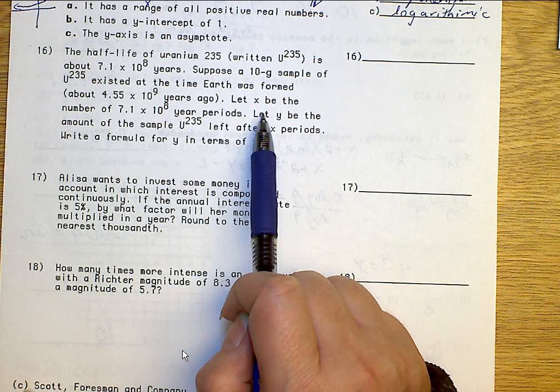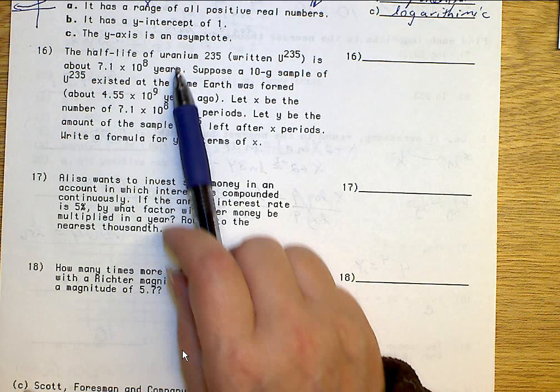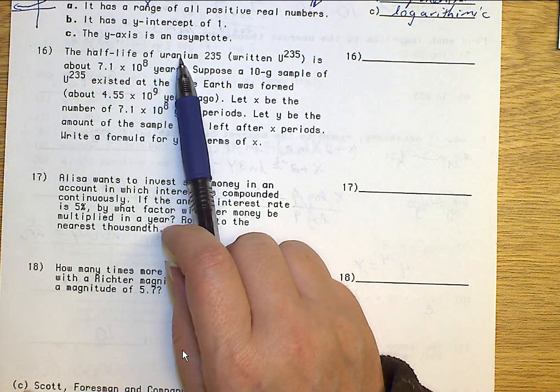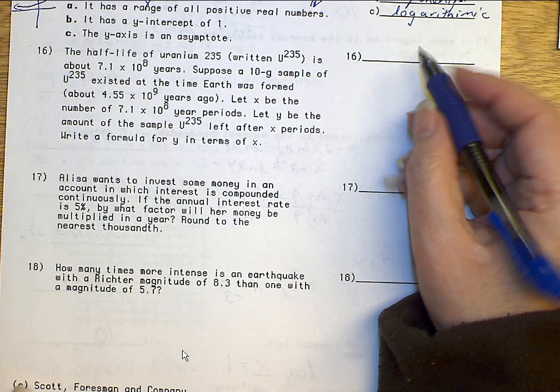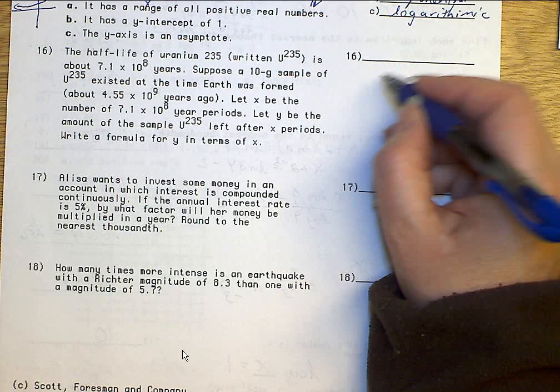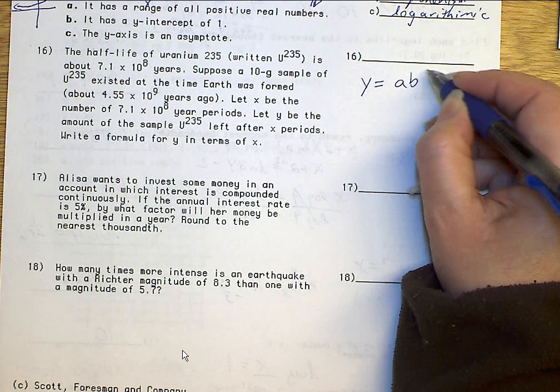Let y be the amount of uranium left after x periods. So write a formula that you can use for this. So you remember y equals a b to the x.